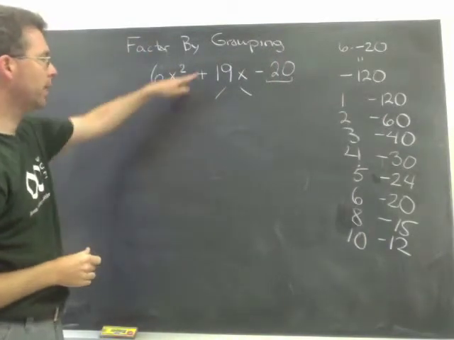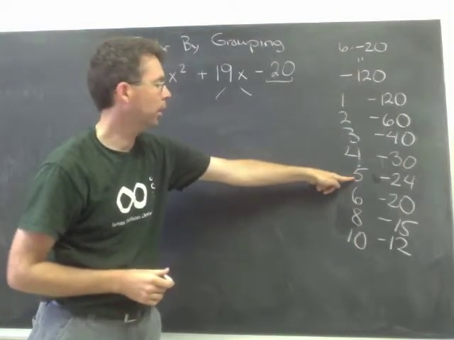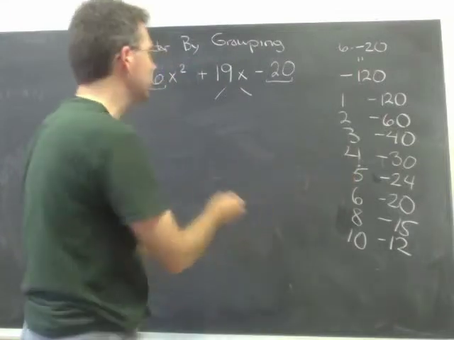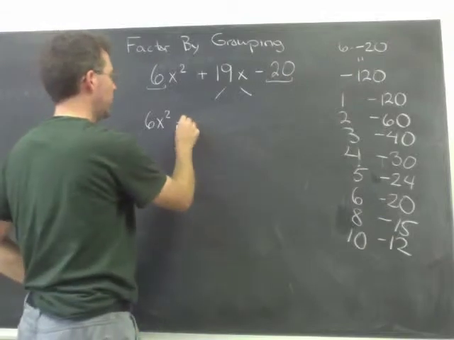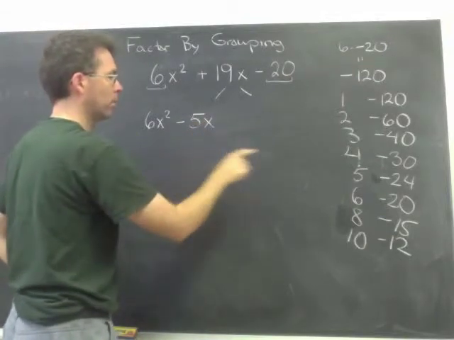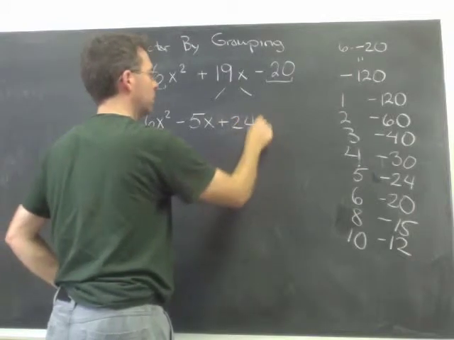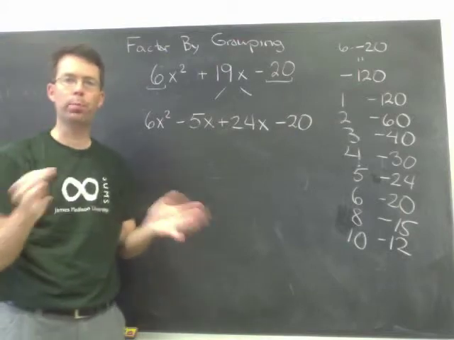I'm looking for some that add to 19. So let's see. Here I get negative 19, and so I'm going to reverse the signs, and I get 6x squared minus 5x plus 24x minus 20.